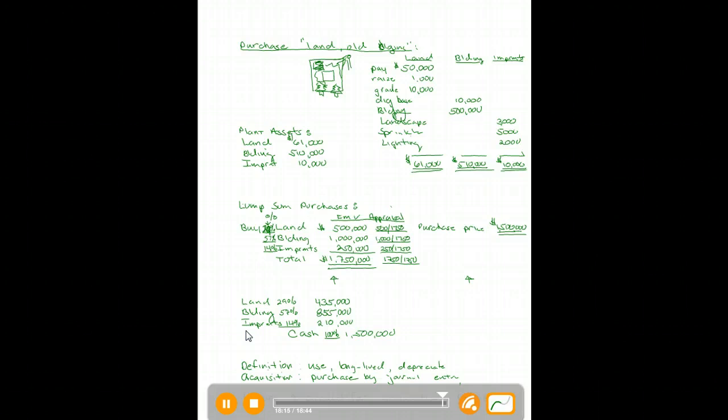And hopefully these ideas help you understand how we acquire and account for acquisitions of property, plant, and equipment, also known as plant assets.